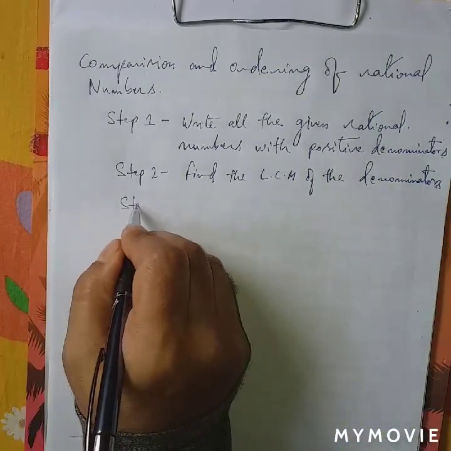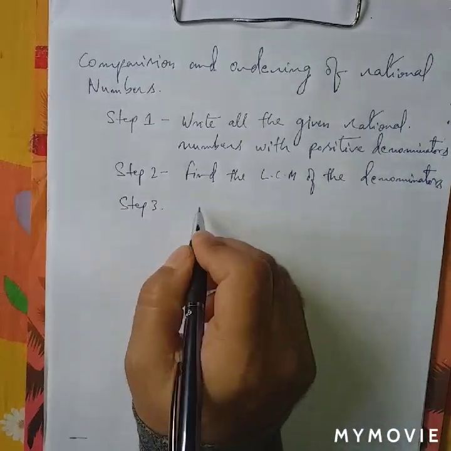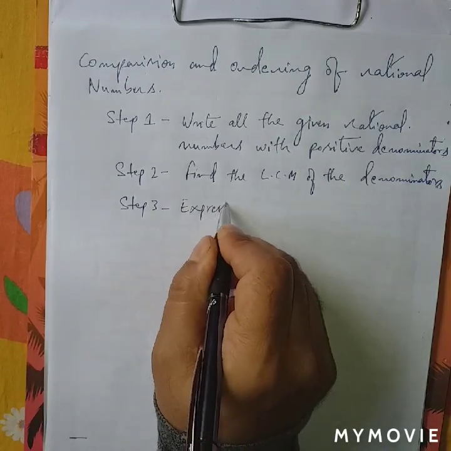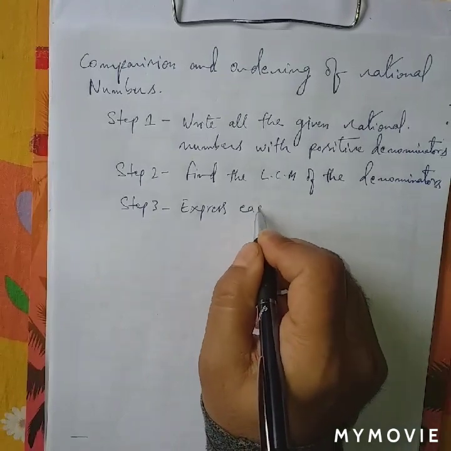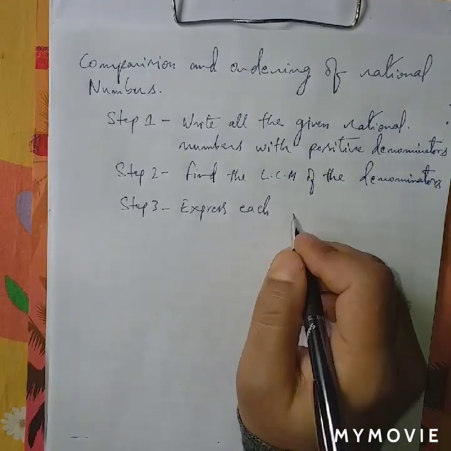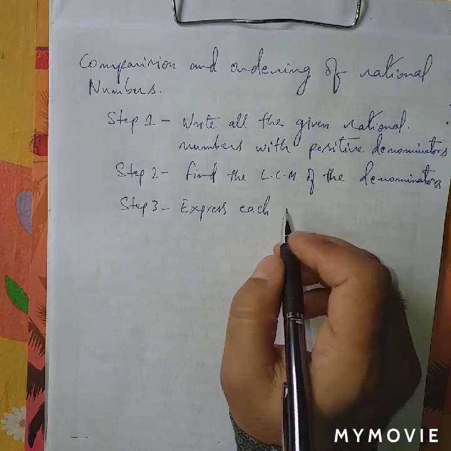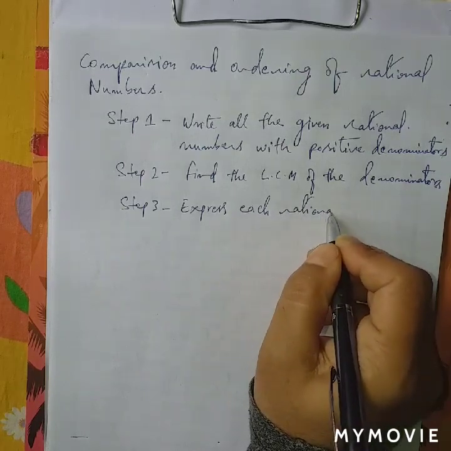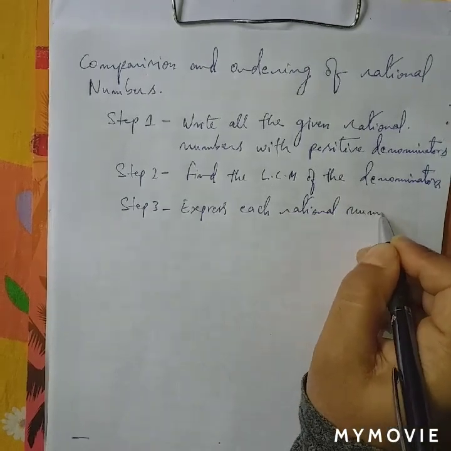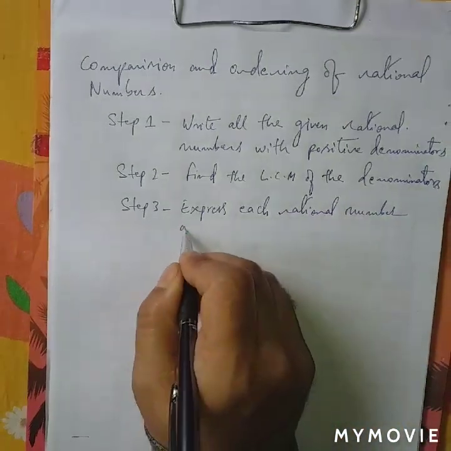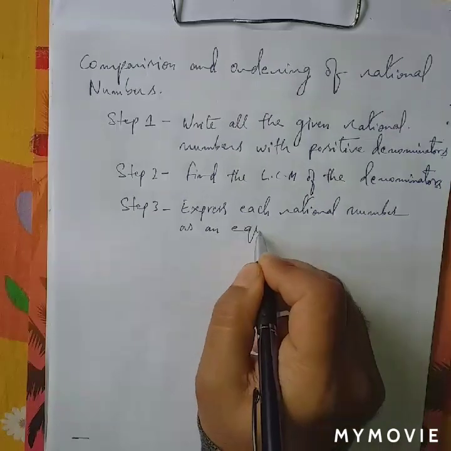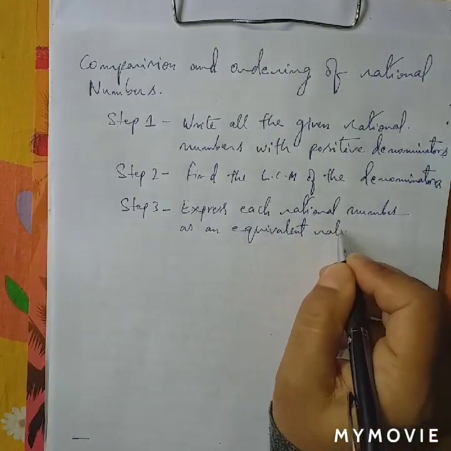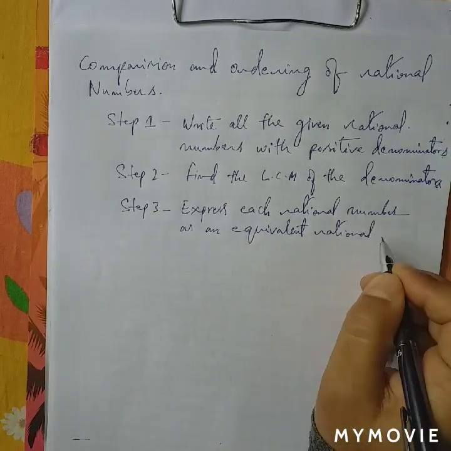Now, step 3, we have to express each rational number as an equivalent rational number.